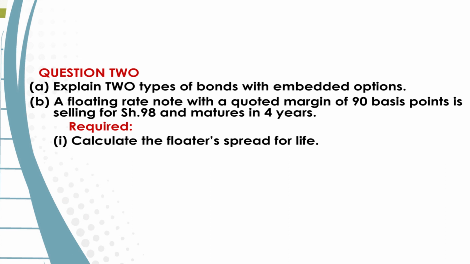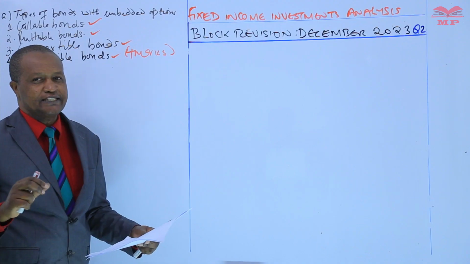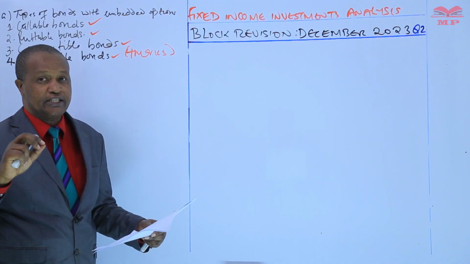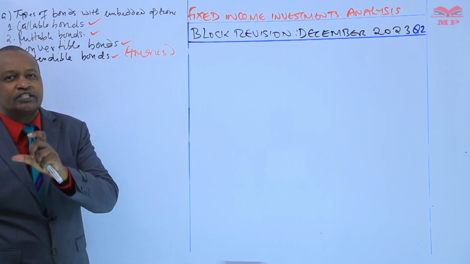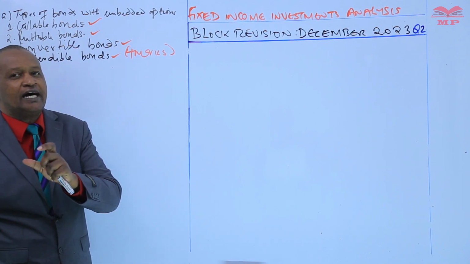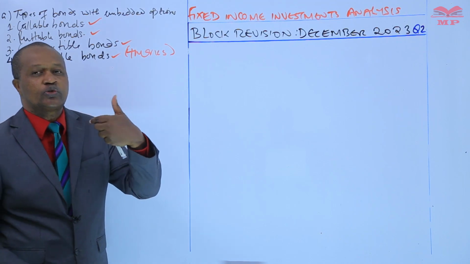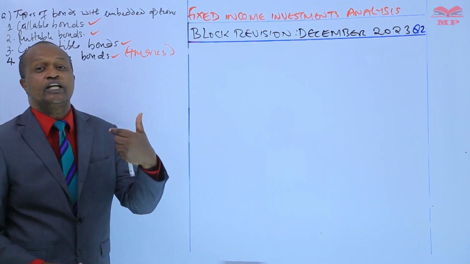Now, candidates, when a floater is selling at a premium or at a discount to par, investors consider the premium or discount as an additional source of shilling return.